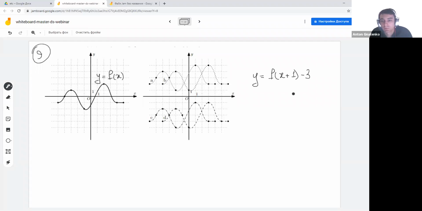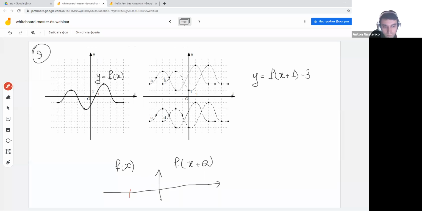So the general rule is, if you have a graph of a function f of x, and if you substitute x with x plus a, so you had some graph here. Let me draw it in a different color. So you had some graph here, and you have added something and substituted to x. Then the graph will move horizontally. It will move either right or left.